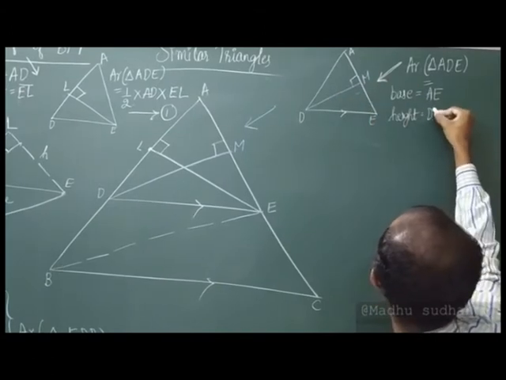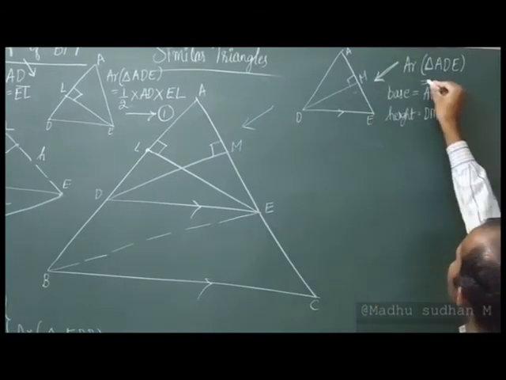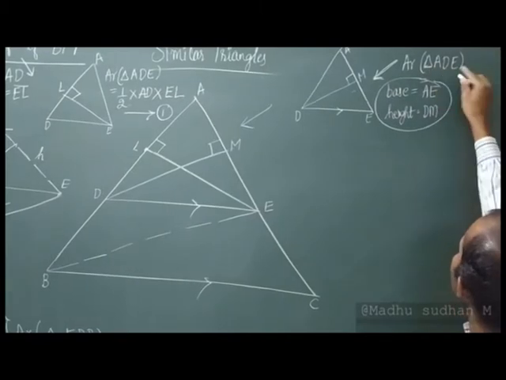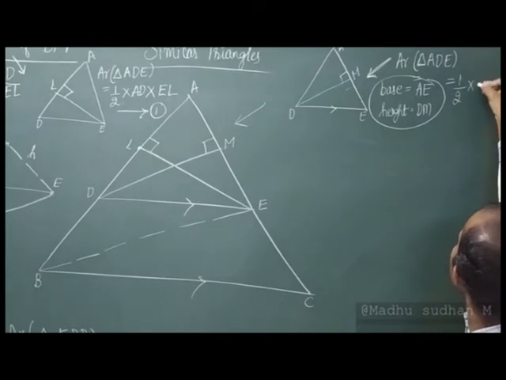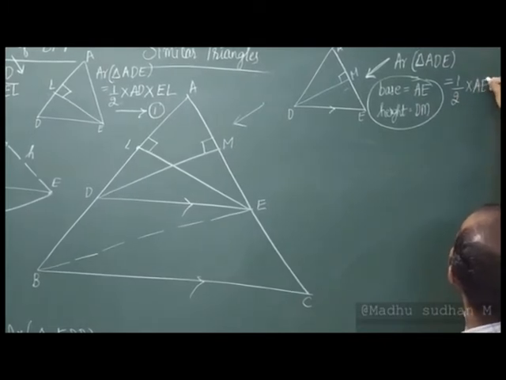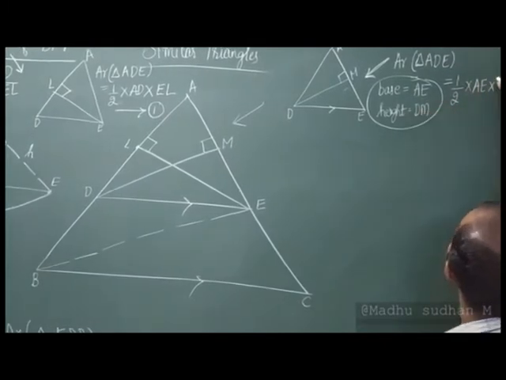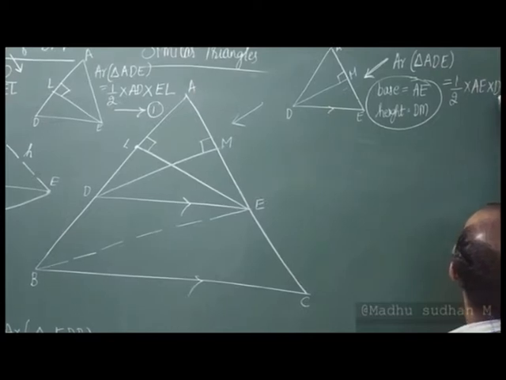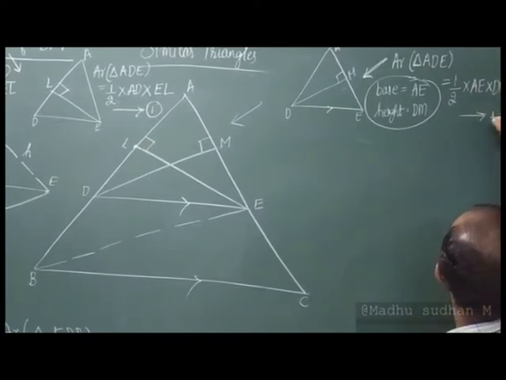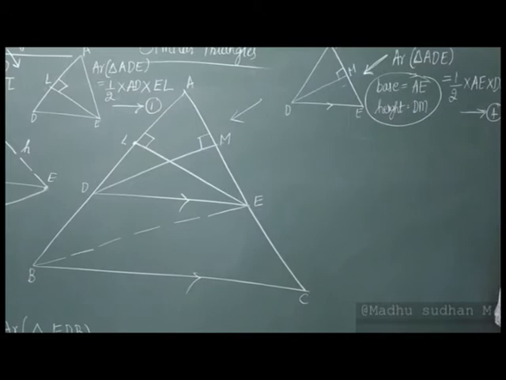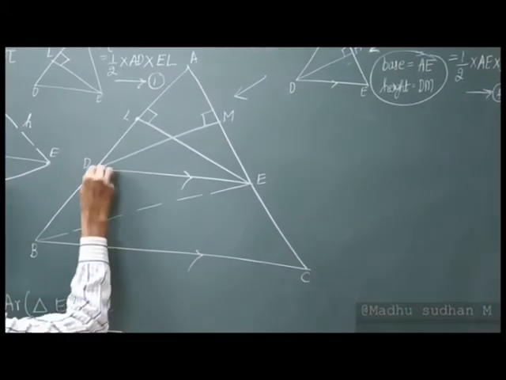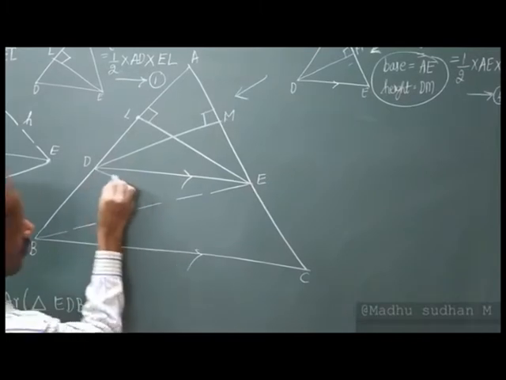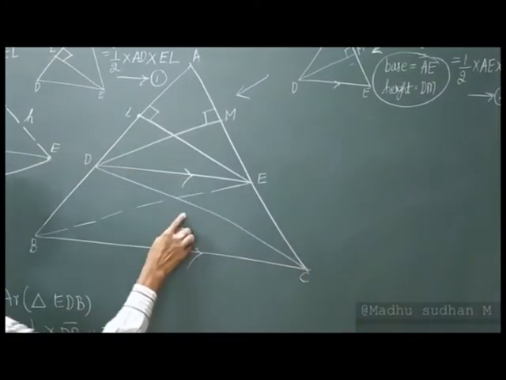So the height is DM here. So the area of triangle ADE shall be equal to half into base AE multiplied with height DM. So this is my equation number 4. Followed it? Now similarly again, let me join this, and this is my construction part, right?